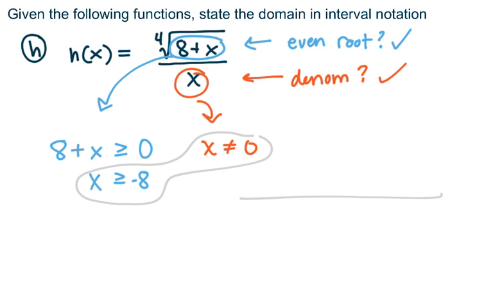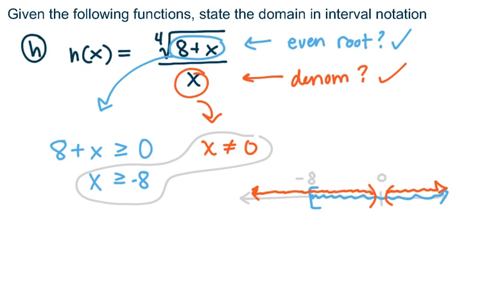Again, this is where I think graphing it on the number line can help you. So negative 8 is less than 0. I'll draw that on the left. X must be greater than or equal to, bracket, greater goes to the right. So greater than negative 8. And x cannot equal 0. Not equal to 0 means we are either less than 0 to the left or greater than 0 to the right.